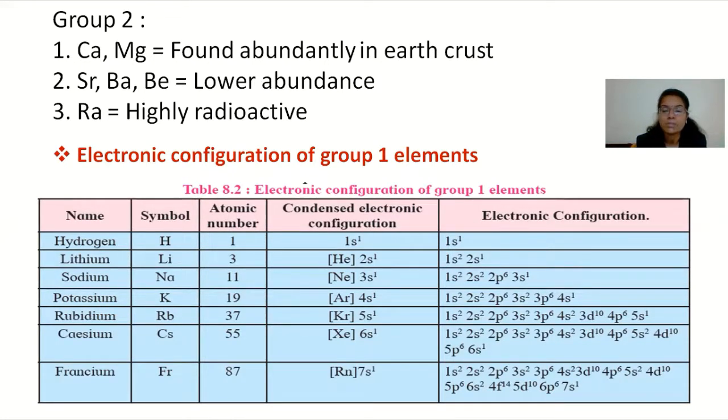If we observe the outer electronic configuration, that is 1s1, 2s1, 3s1, 4s1, 5s1, 6s1, and 7s1. So we can say that the general outer electronic configuration of group 1 elements is ns1. Understand?